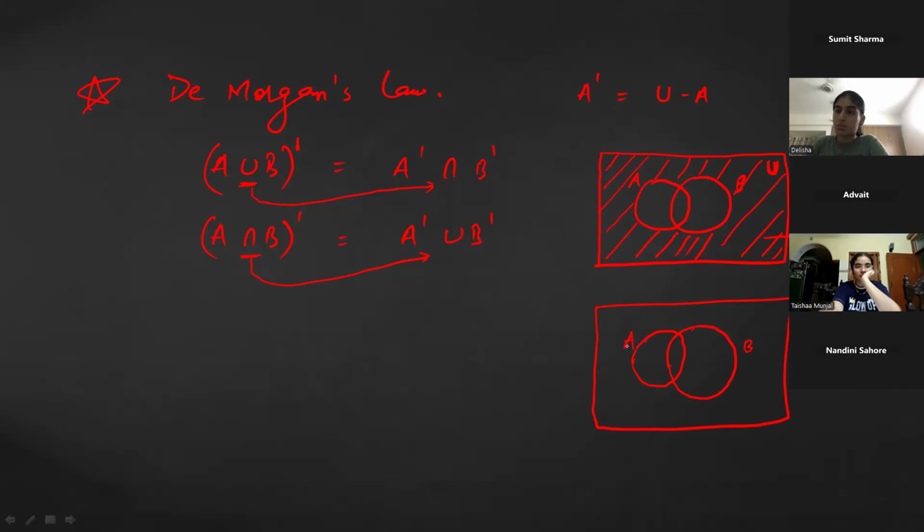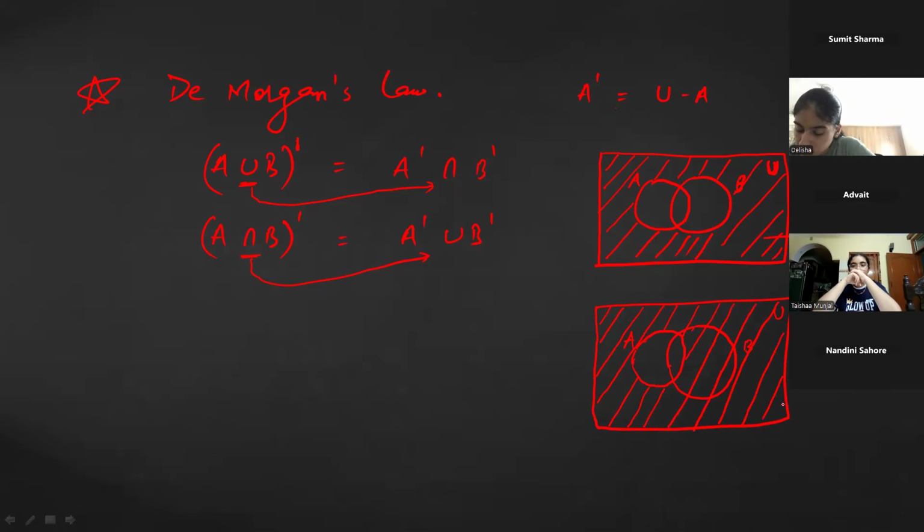So if we talk about A complement first, if we shade the A complement part, it will be all the region of this rectangle except A. So this will be the region that comes under A complement, right?